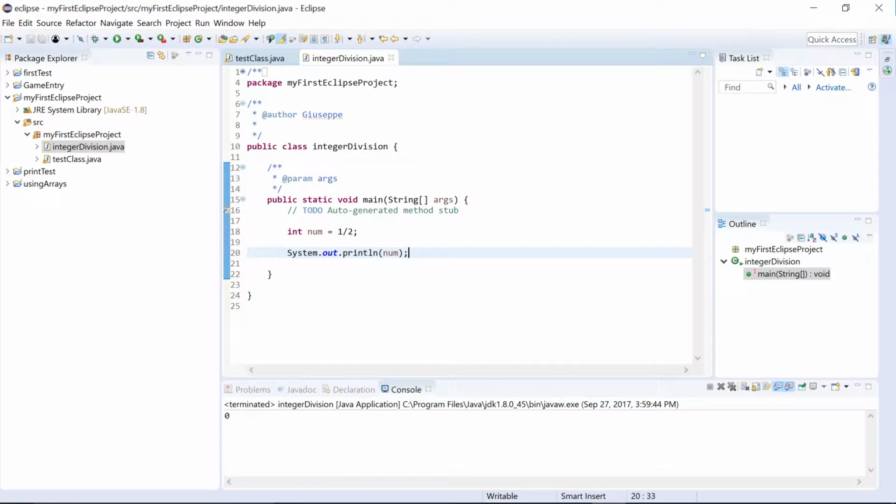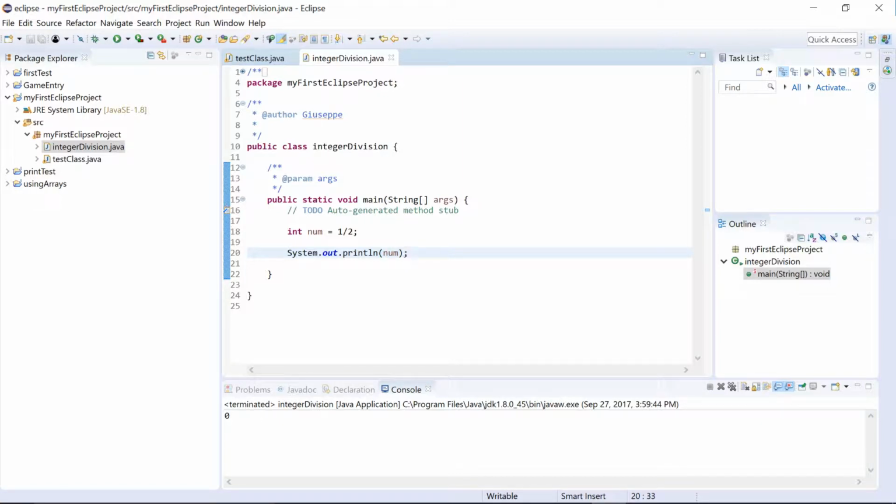We actually don't get what we thought we were going to get. We get 0. That's because with integer division, Java will perform the division but chop off the decimals. So 3.9 as an integer would be 3, 4.7 as an integer would be 4, and it never rounds up no matter what.